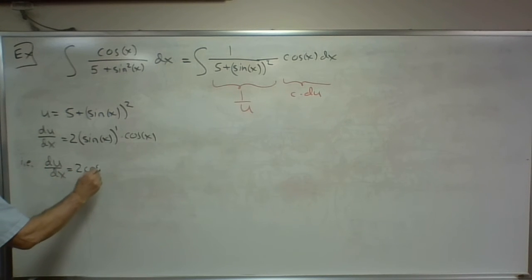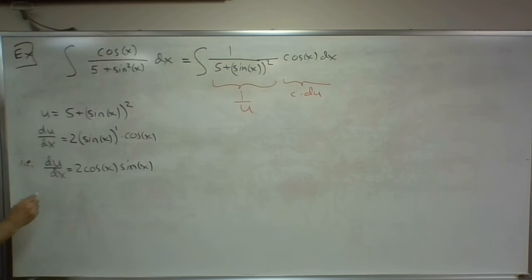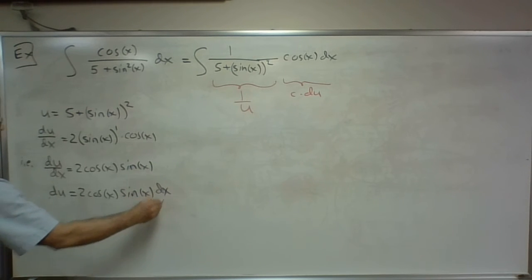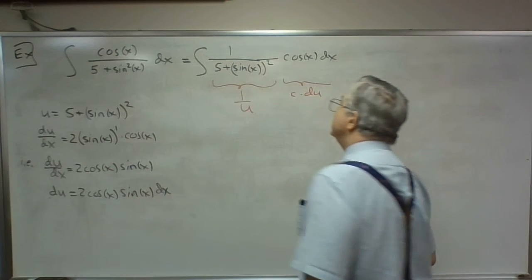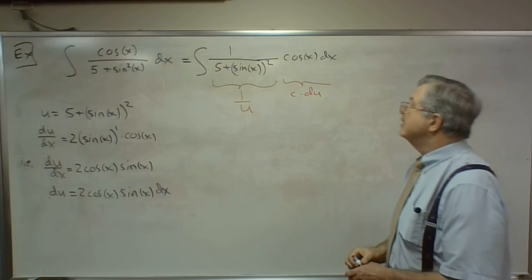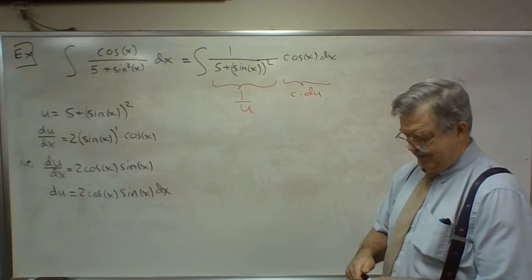I'm going to get 2 cosine of x sine of x. And du is going to be 2 cosine of x sine of x dx. Okay. Here's our 1 over u. But now I see a very big oops coming.